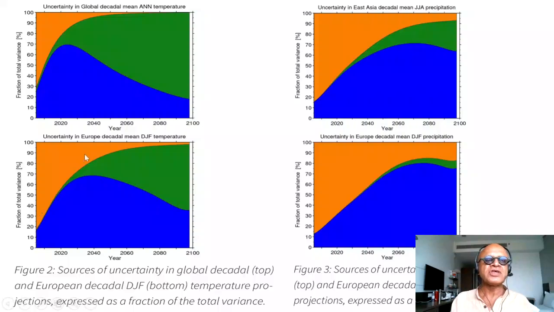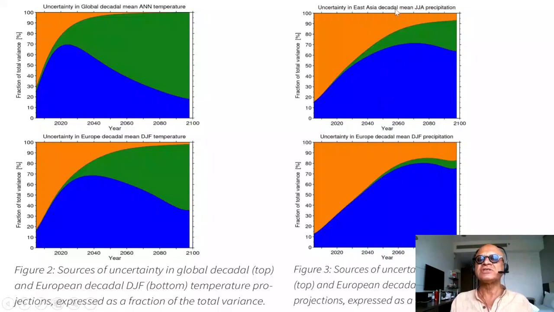So again, the story is that the model spread is much higher in the beginning, and internal variability is over there, which remains constant, but scenario uncertainty begins to be dominant as you go out. But there is a seasonal dependence on it, and there is a regional dependence as well.